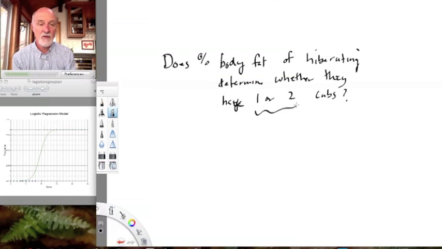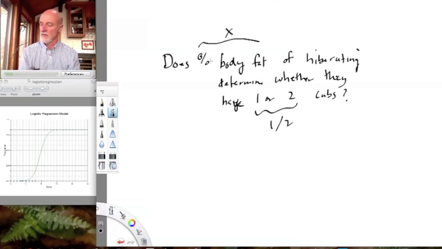So our dependent variable is 1 versus 2, and percent body fat is a sort of continuous x variable.